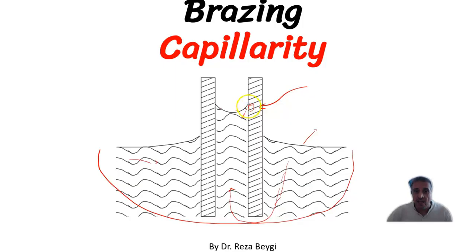When this adhesion force, which acts in this direction, is higher than the cohesion force inside the liquid, it draws the liquid up, and that is why the surface of the liquid stays higher with respect to the free surface of the liquid. And the shape of the free surface is also concave because of this capillary force, and this capillary force is based on the surface tension. I will explain further detail on surface tension in another video.